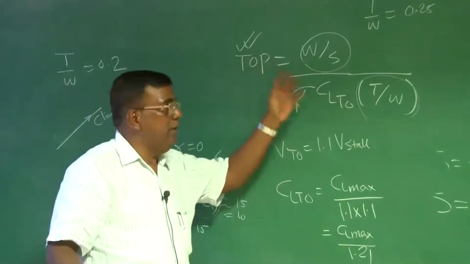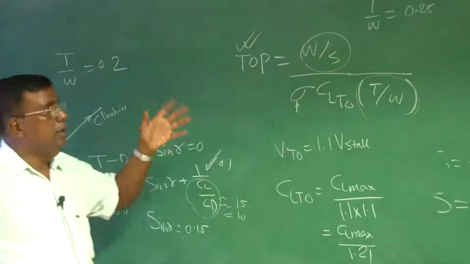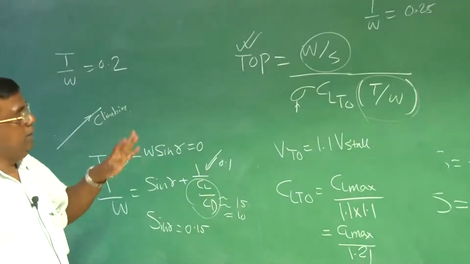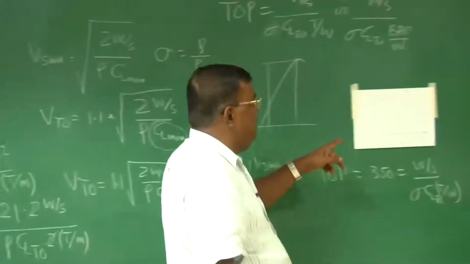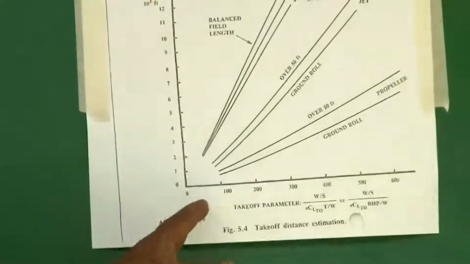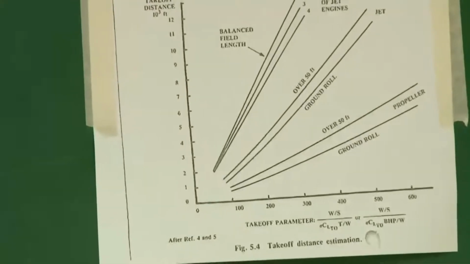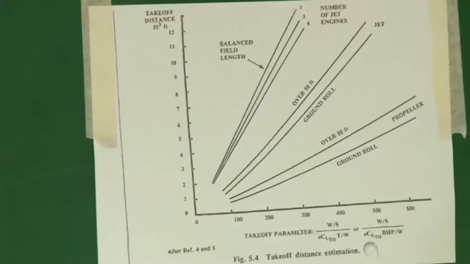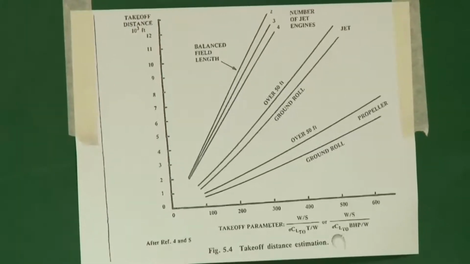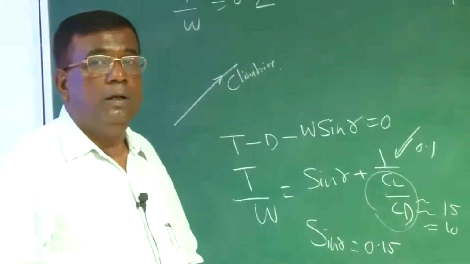So this sort of matching or adjustment goes on. But this is how you can use the data given in Raymer, which is fairly useful, right? I thought I must complete that also. So that brings down the conclusion of W by S takeoff for conceptual design.